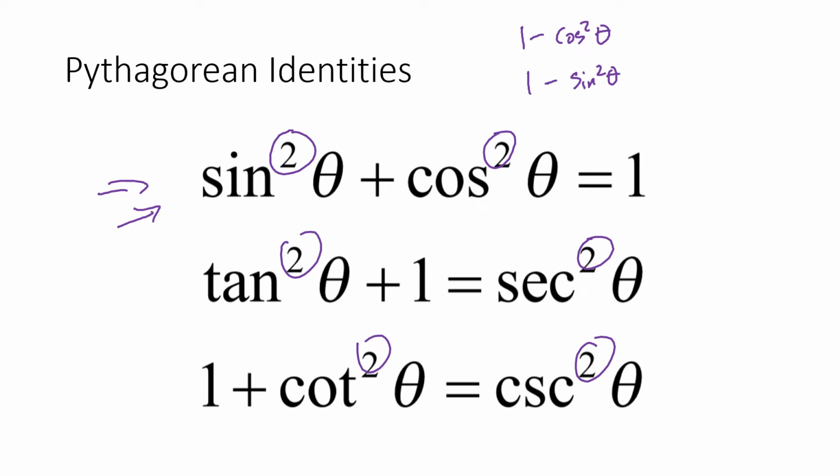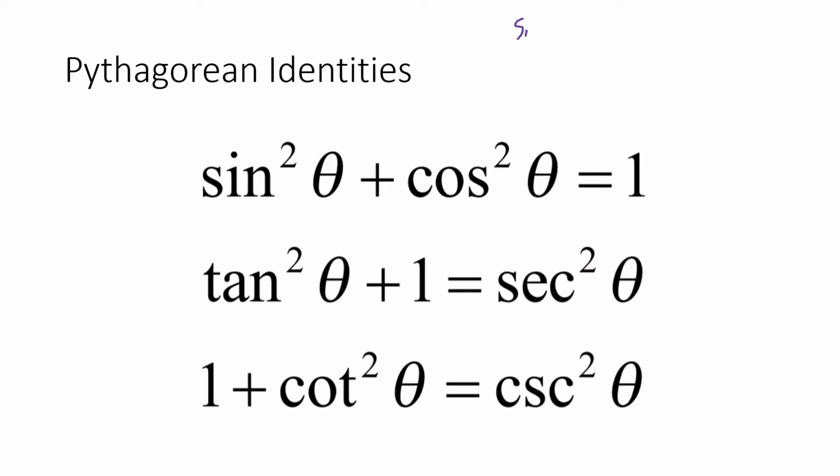It's important to note as well that you can rearrange these. Sine squared theta plus cosine squared theta represents a relationship. It means that if we add these, we're going to end up with 1.